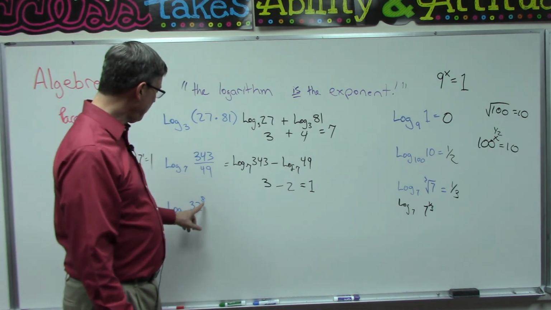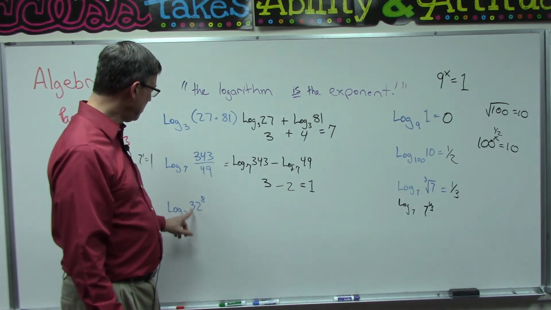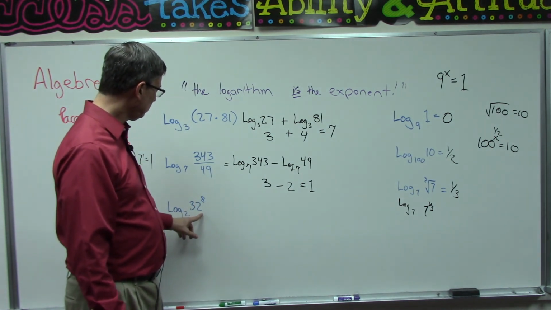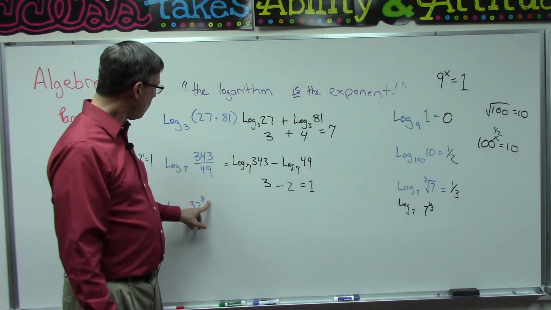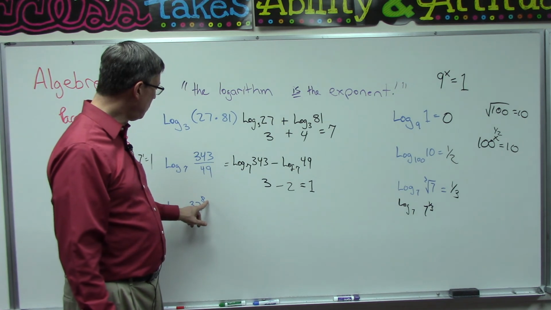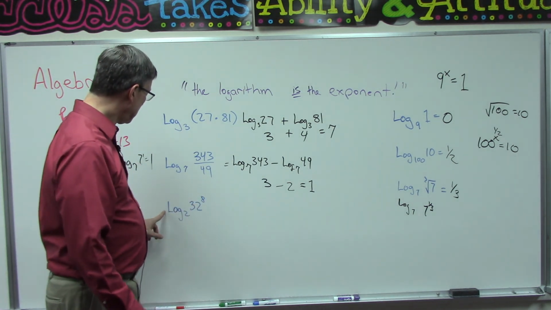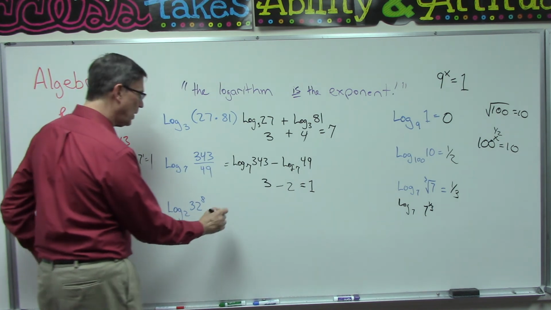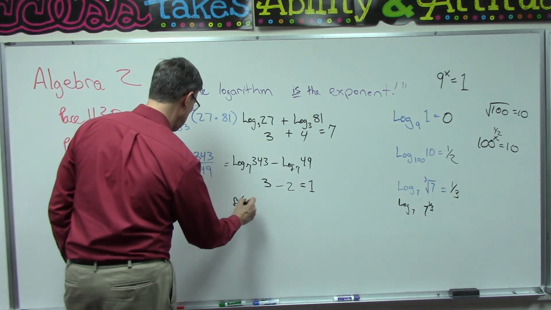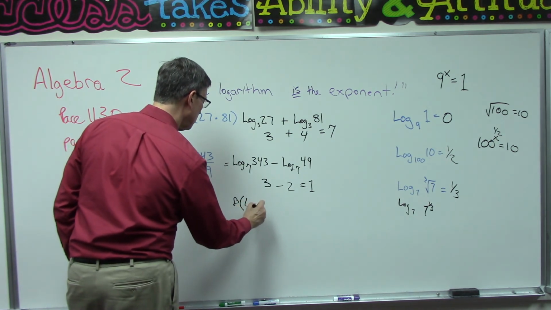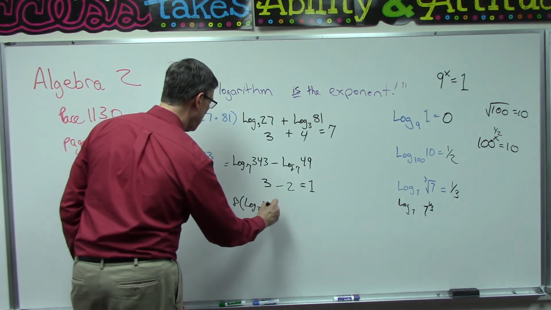This one's a little different rule. If we have this argument, is what they call this, raised to an exponent, what we do is we multiply this exponent out here times the answer to the rest of it. So it becomes 8 out front times log to the base 2 of the 32.